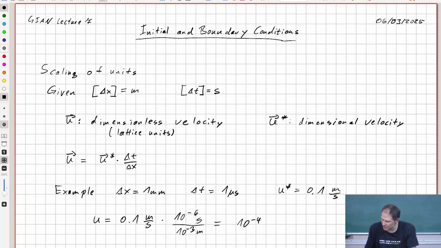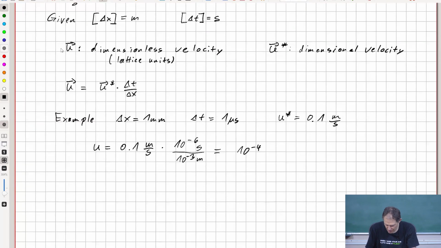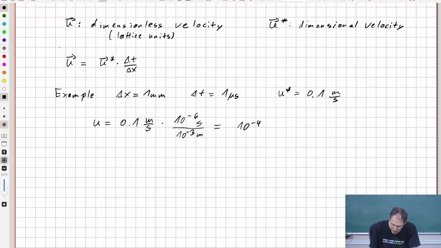A little bit more complicated is potentially pressure, the lattice pressure.